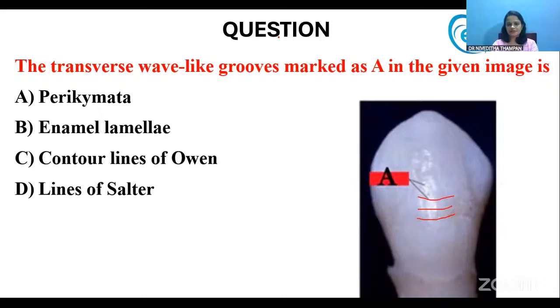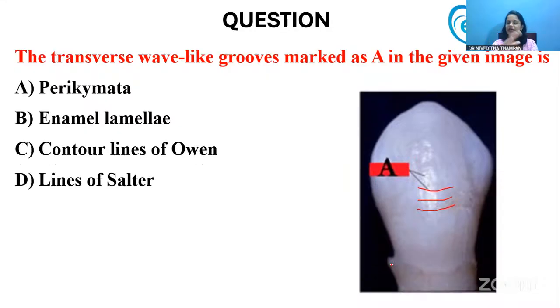They are called perikymata. Perikymata are also called imbrication lines of Pickerill. They are considered the external manifestation of the striae of Retzius. Option A is the right answer.